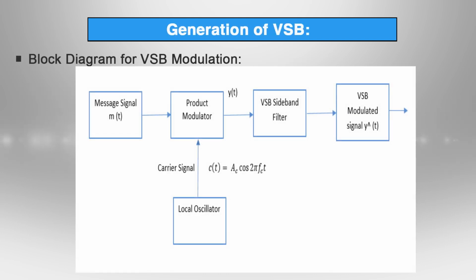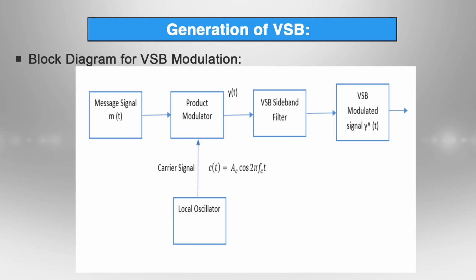Now, let us see the generation of VSB. Let us see the next part of the lecture, that is, the block diagram for the generation of a VSB modulated signal. First, the message signal m(t) and the carrier signal c(t) generated from the local oscillator are applied at the input of the product modulator.